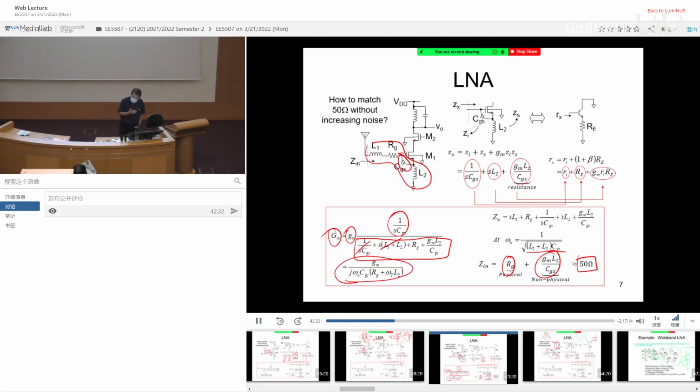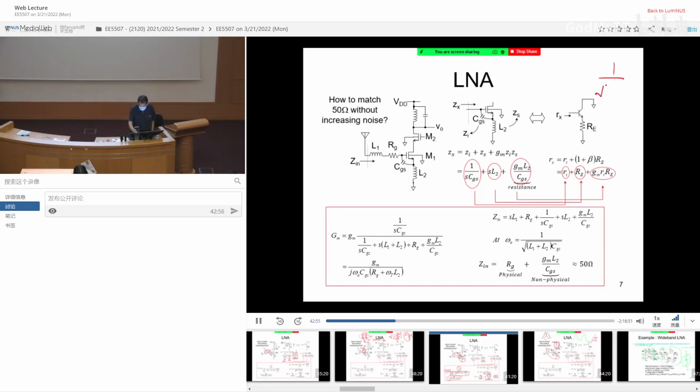You can sort of improve this guy a little bit. If you think carefully, there are 2 resonances. Can you tell me where the 2 resonances are? I thought it's quite obvious. You know 1 over square root LC always gives you resonance, right?